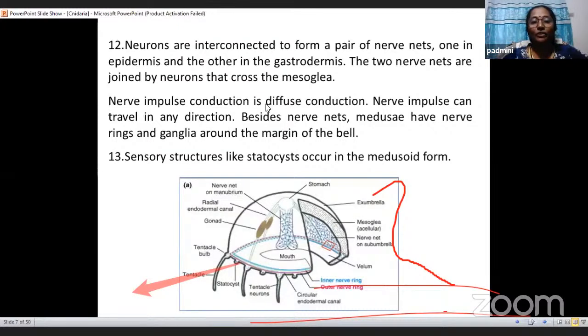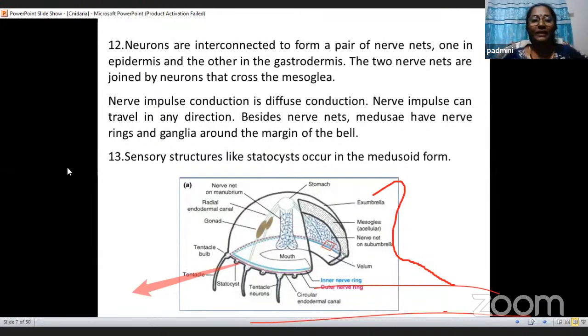The impulse conduction is diffuse conduction. They are not connected by a single structure. For example, in the human nervous system, one nerve conducts the information in a straight line. But here the information is diffused; it goes around everywhere. That is called diffuse conduction.